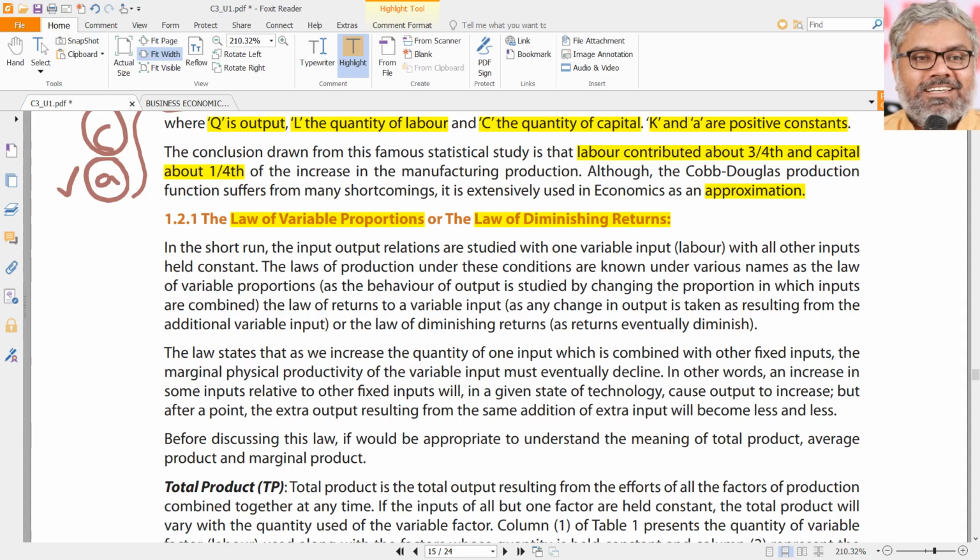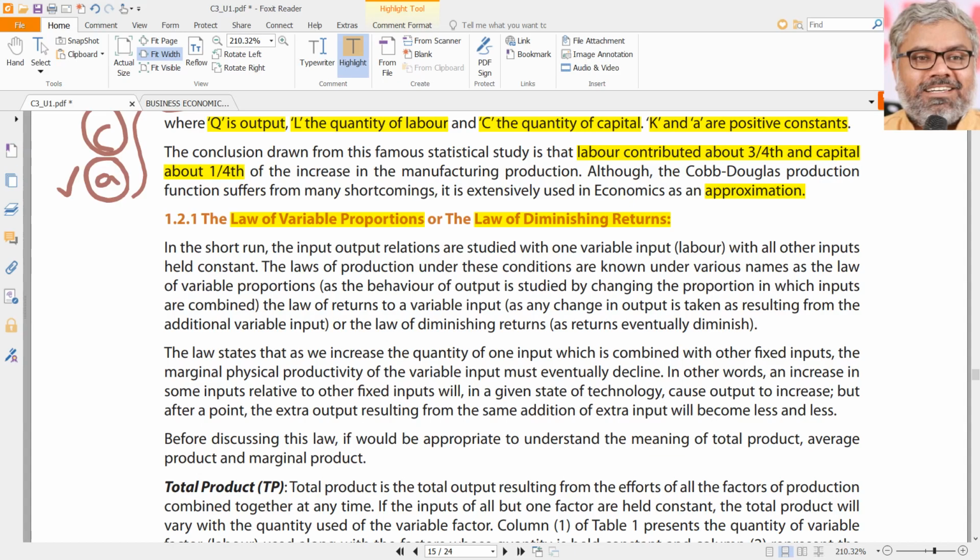So names have to be very clearly remembered and understood, because these are not just vague names. These are particular theories, technically, which have been proven or proposed long back, and which are part of microeconomics since decades. We are learning those theories for our understanding of microeconomics as a part of understanding business economics.